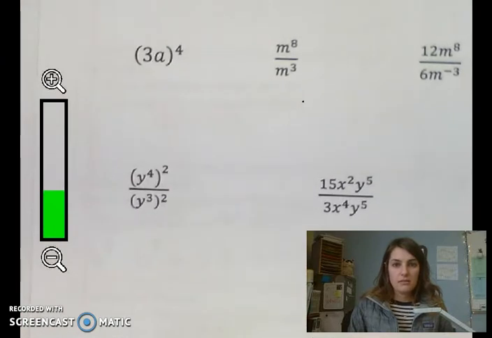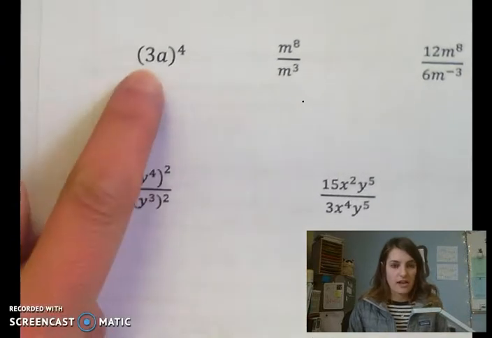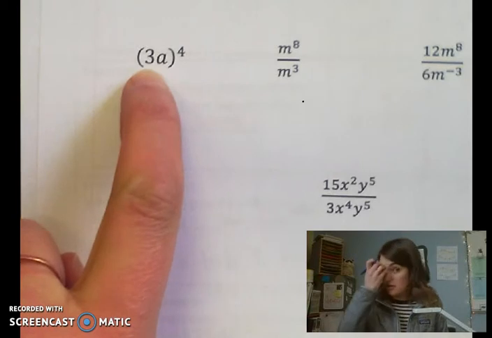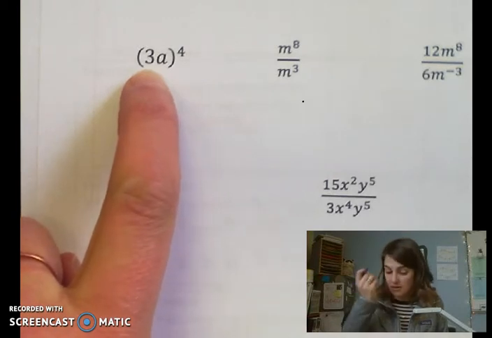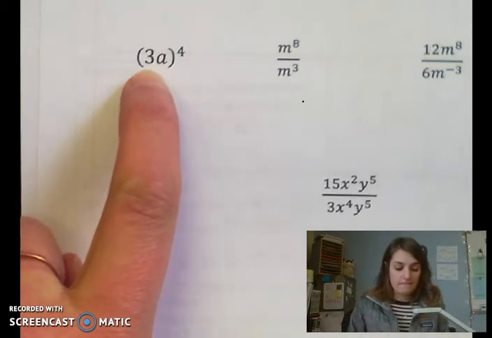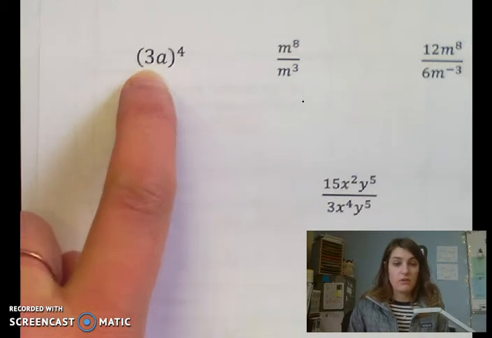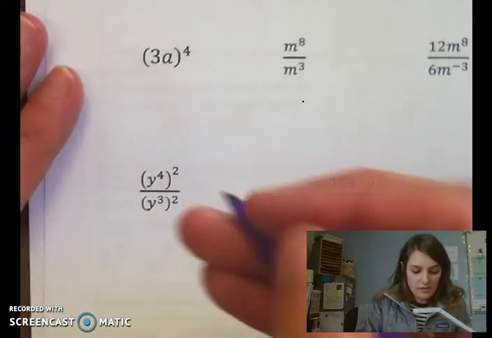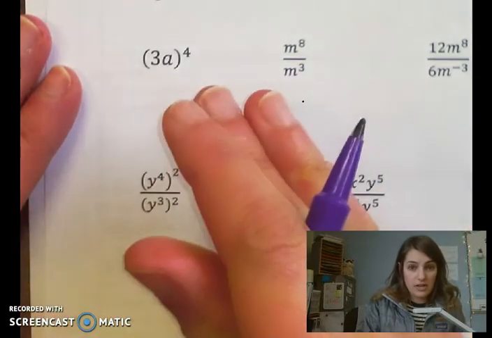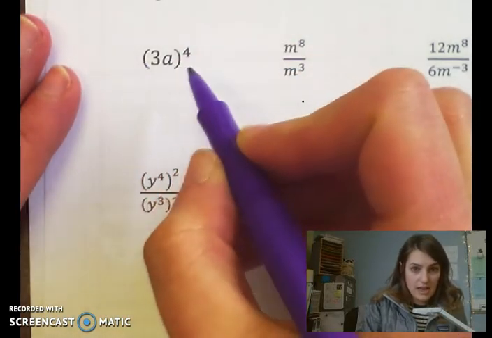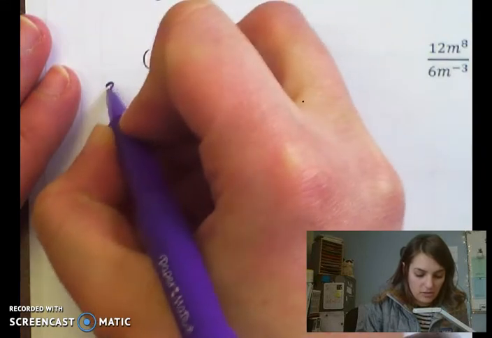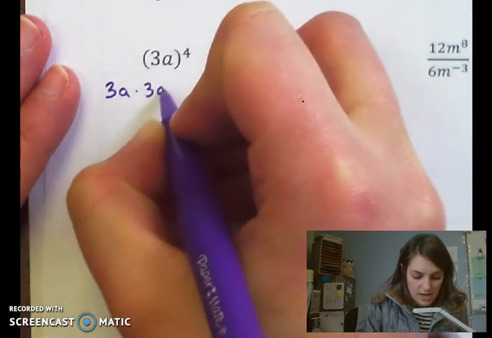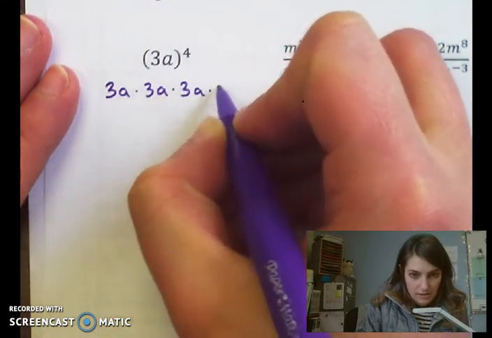Now we have seen for the first time a coefficient. So this 3 is not an exponent. We now need to make sure that we're paying attention to which numbers are exponents and which numbers are coefficients. So if you're not sure what to do, always write it out. 3a in parentheses to the 4th means we're multiplying 3a times 3a times 3a times 3a.